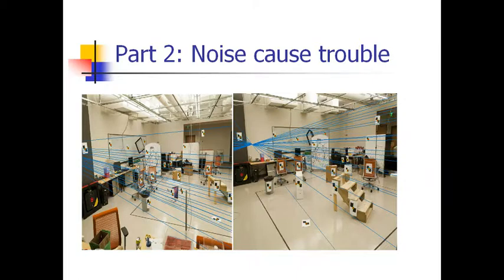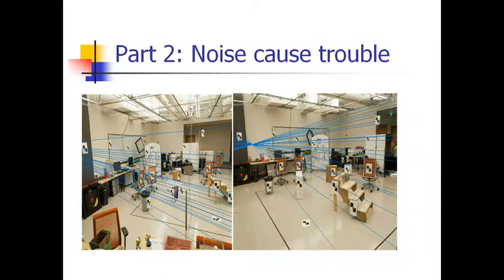You can see that the left-hand side doesn't have much variance. It still looks relatively good, but on the right-hand side you see that all the lines cross at some point.